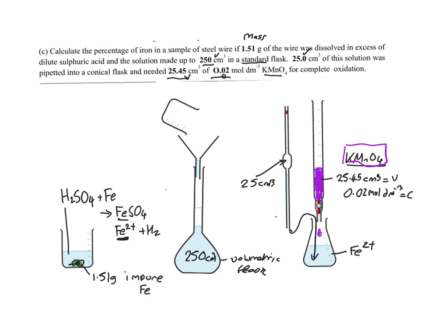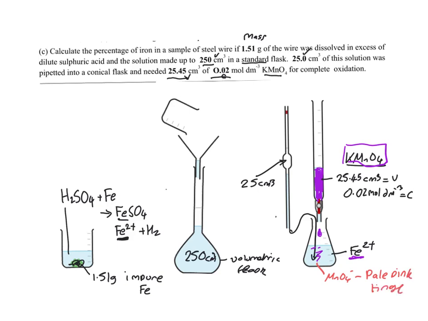At the end point, when the last Fe2 plus ion is oxidised, the solution will remain a very pale pink, as there is a slight excess of MnO4 minus ions, and we get a pale pink tinge.